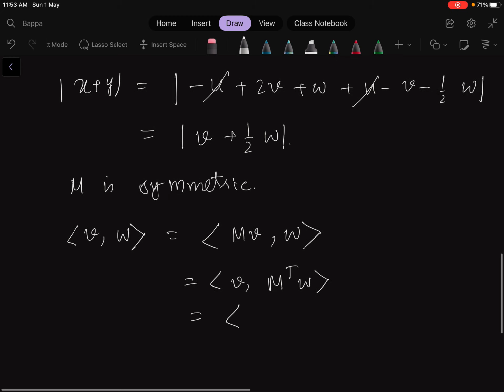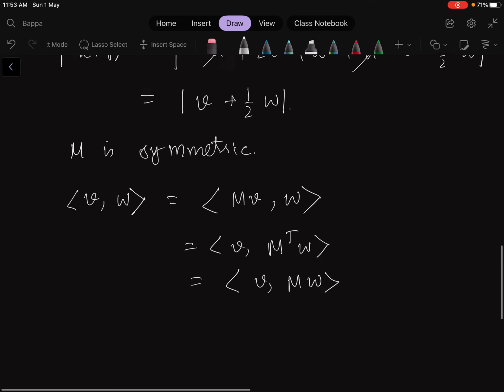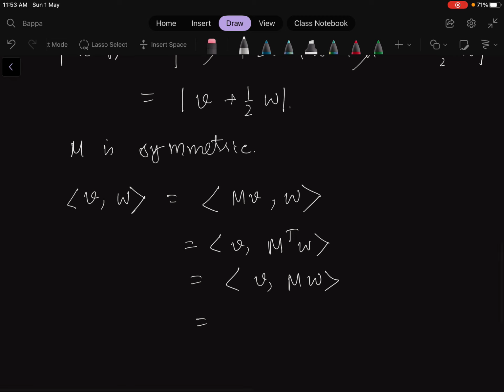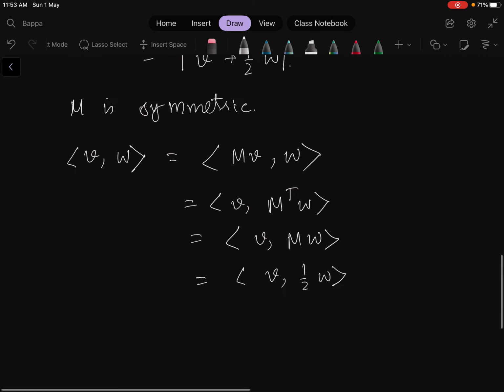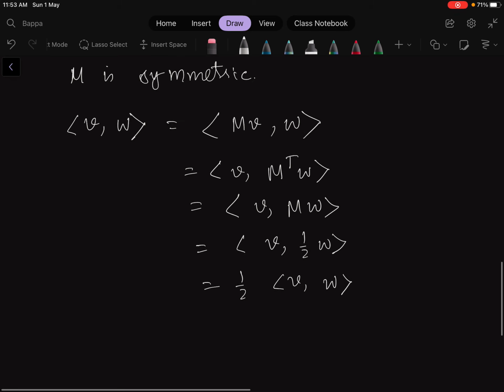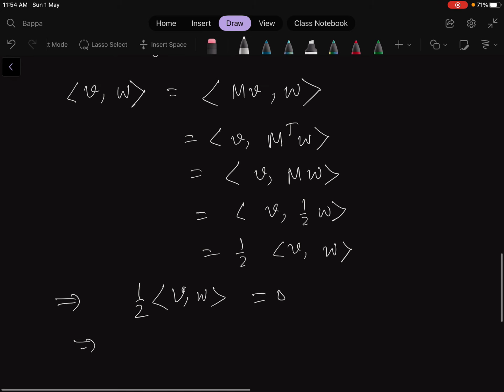Now M is symmetric, so v comma Mw. Now since w is an eigenvector with eigenvalue 2, this is 2 times v comma w. So if you take this to the left hand side, what you get is that the inner product of v and w equal to 0. That is, v comma w equal to 0.